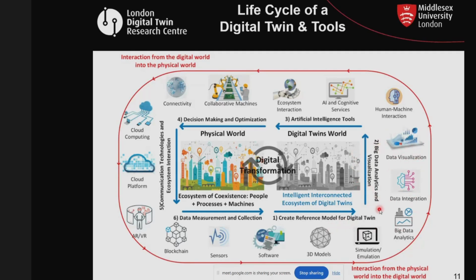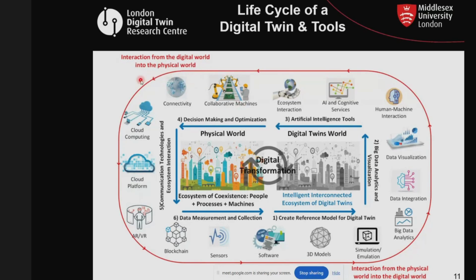For visualization, I need analysis of the data that I have collected from my sensors and other aspects. Then I deploy those using artificial intelligence tools: cognitive services, AI-based services, human machine interaction, which then feed into optimization and decision making of multiple machines. So I have collaborative machines that belong here.